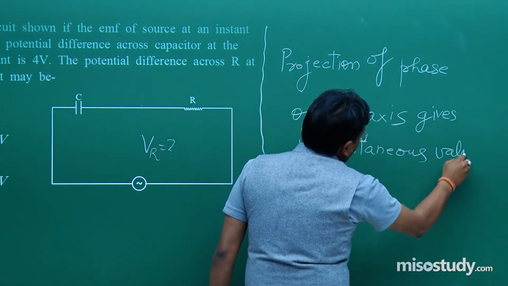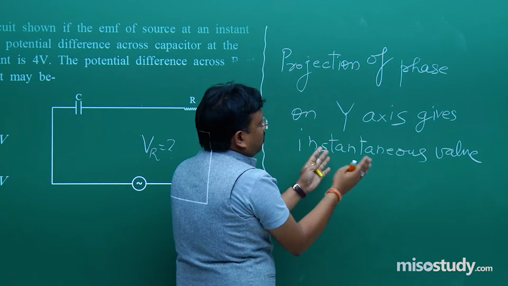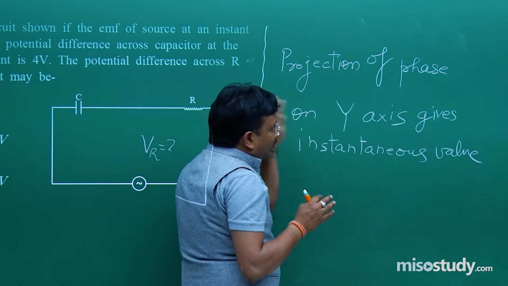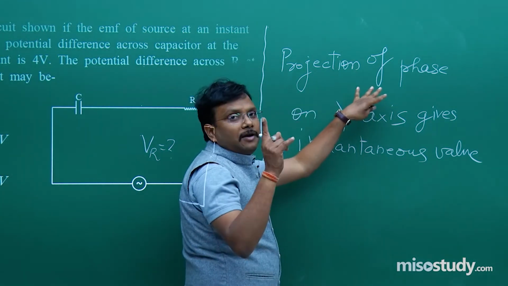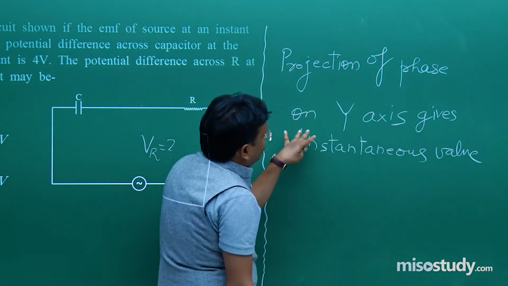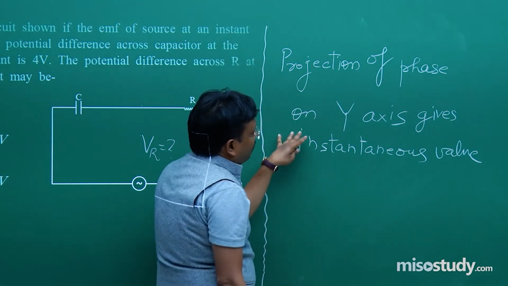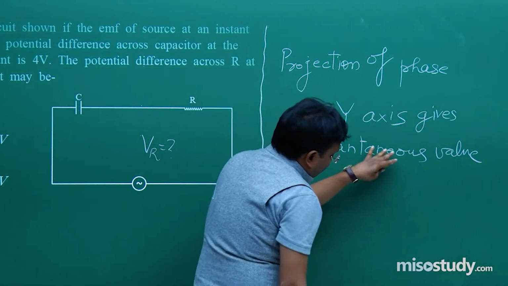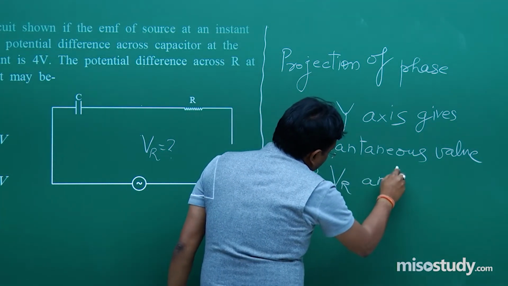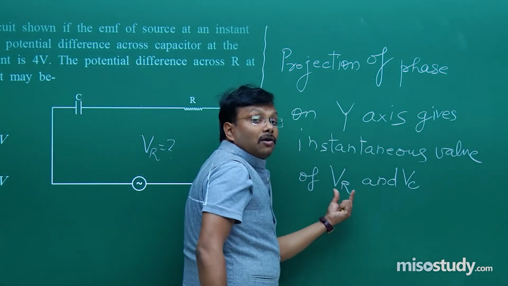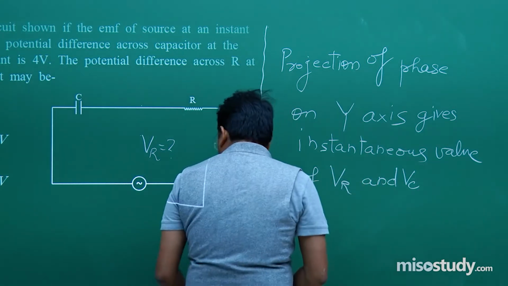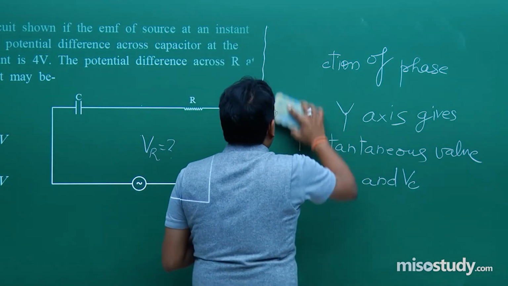I am writing this much so that you can find yourself in a comfortable position. Only thing that I can do is simply mention a one line formula, or I can solve it, but I thought it's better to mention the cause also. So the projection of the phasor on the y axis gives the instantaneous value of VR and VC. VR means voltage across the resistor, VC means voltage across the capacitor. Fine.